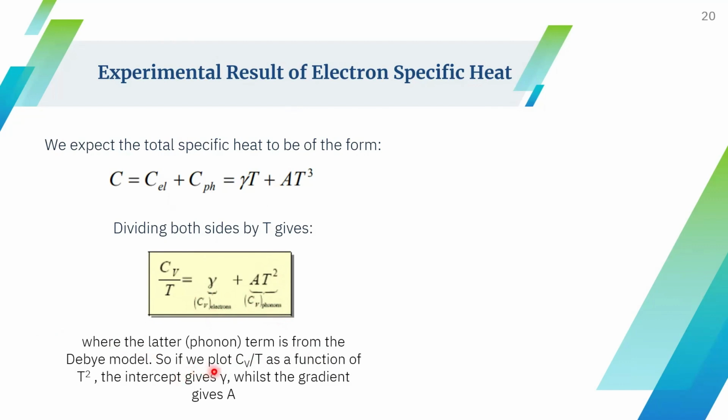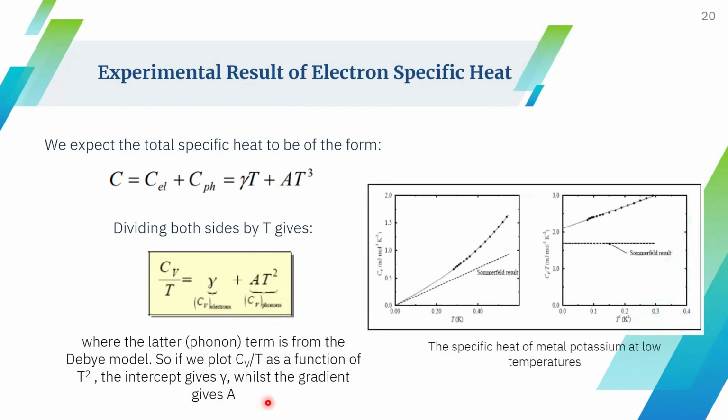If we plot CV by T as a function of T square, the intercept gives you δ, and the gradient gives you A. We can observe in these figures the gradient gradually increases compared to this, and we can observe the Sommerfeld results in both figures. This figure indicates the specific heat of the material potassium at low temperatures.